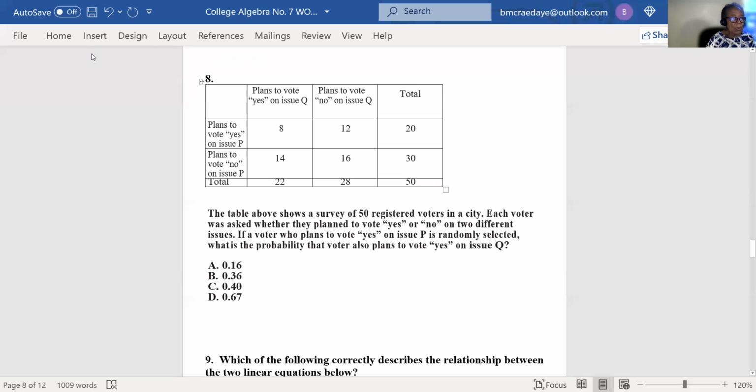Okay, so the voter that plans to vote yes on issue Q and yes on issue P, there are 8 of those, right? So probability equals possible outcomes divided by the total, right? So we underline that. And this is divided by total. So let's put our values in there.